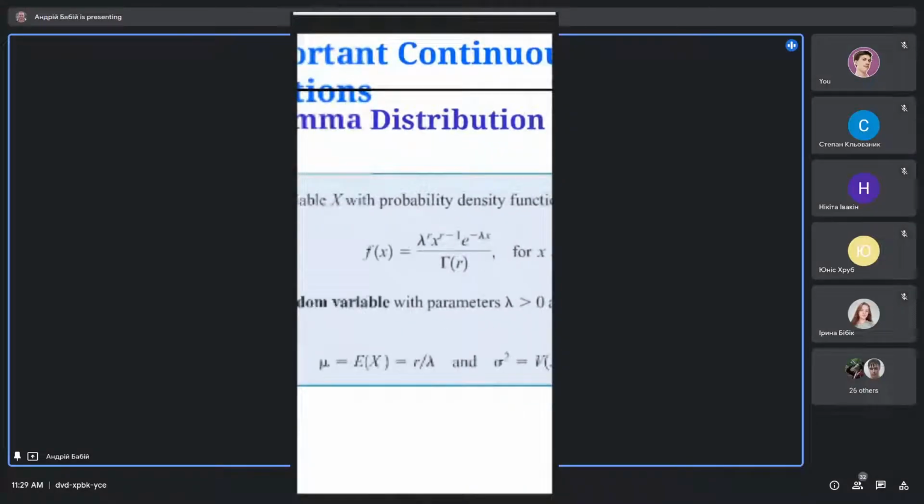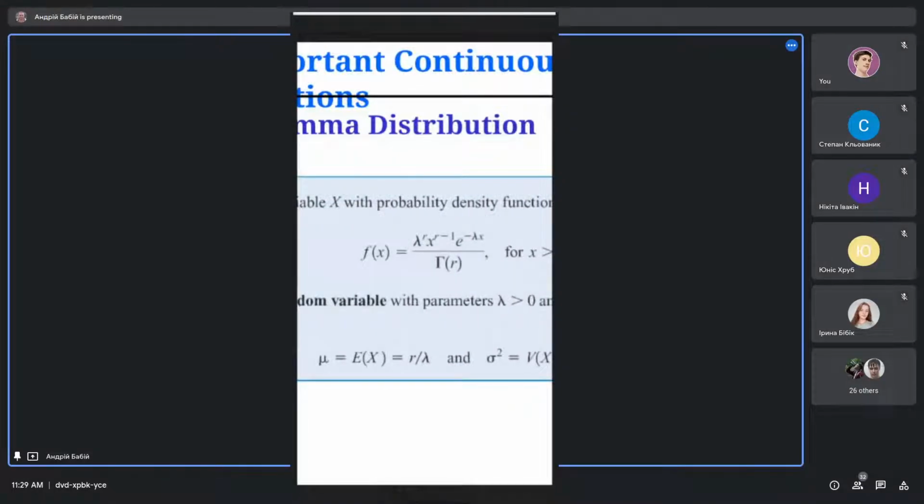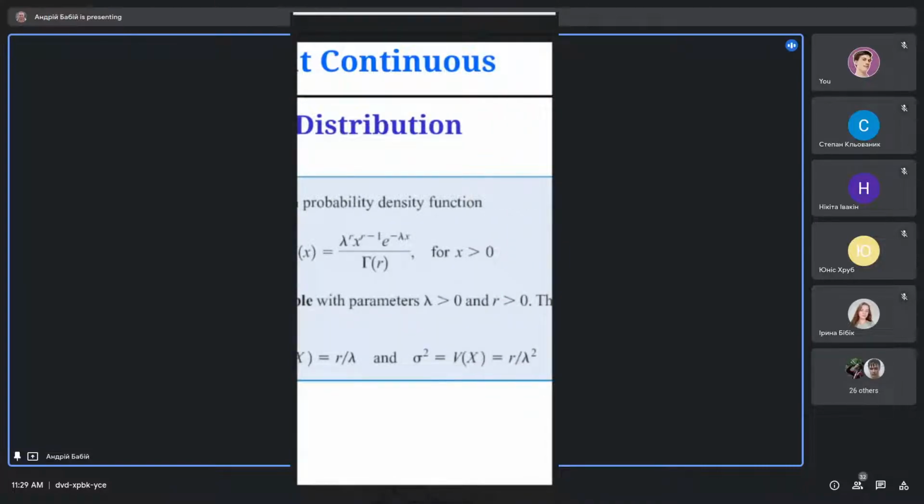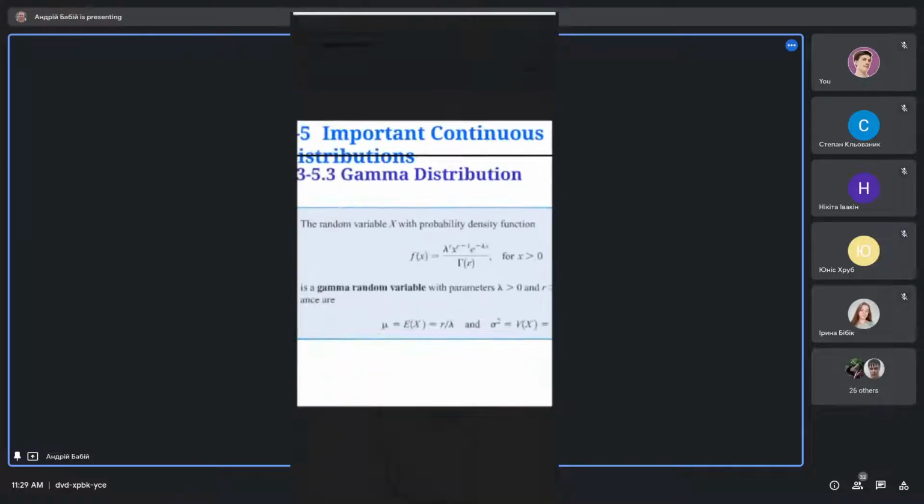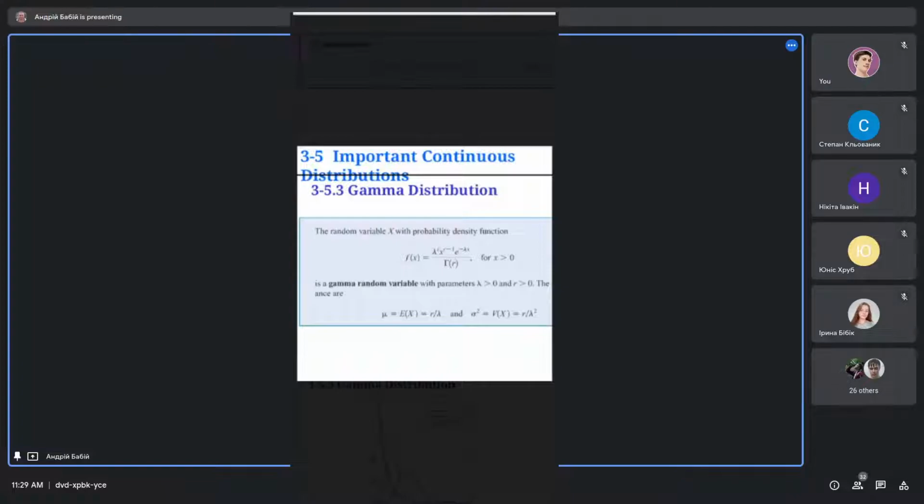And now you can see the equation for the PDF, probability density function, of gamma distribution. You can see gamma at the bottom of the function.